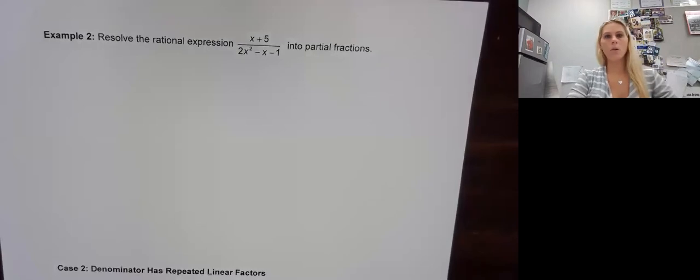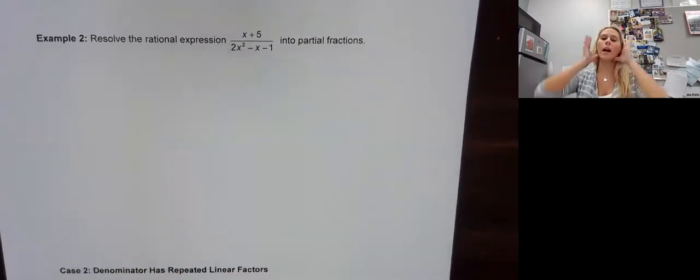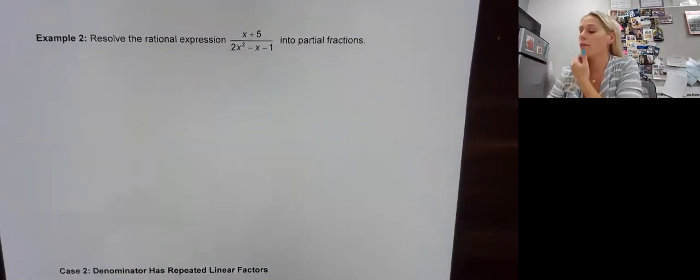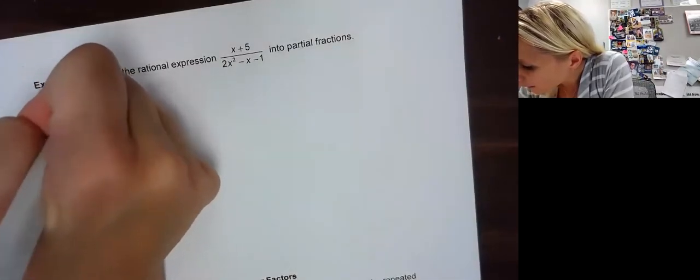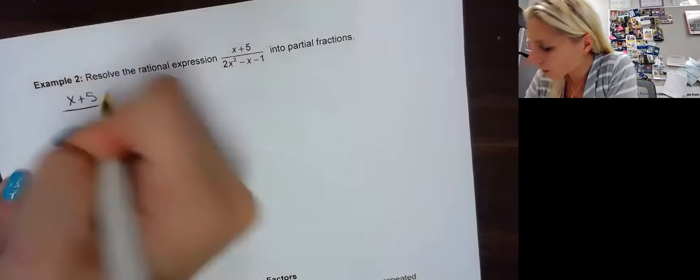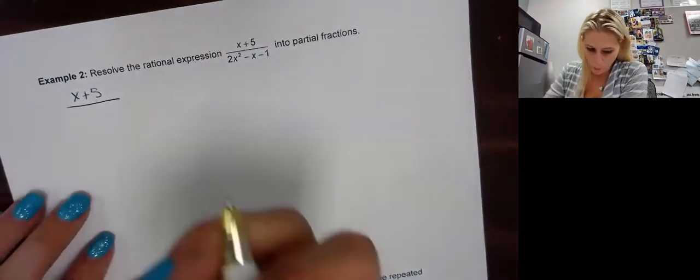All right. So this is not a new case, but in this question, you see that we have to factor that denominator first. So I have x plus 5 all over. And when we factor that, we get 2x plus 1 times x minus 1.